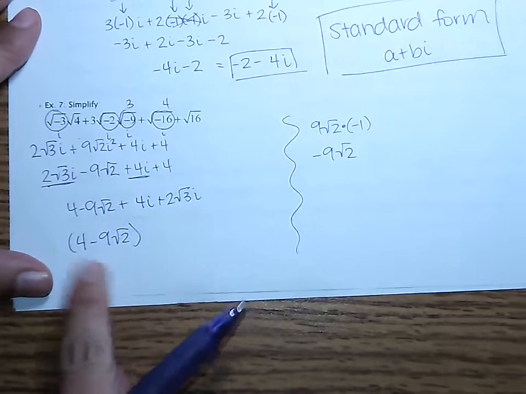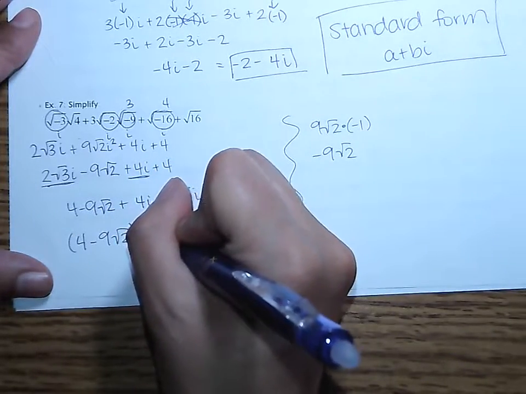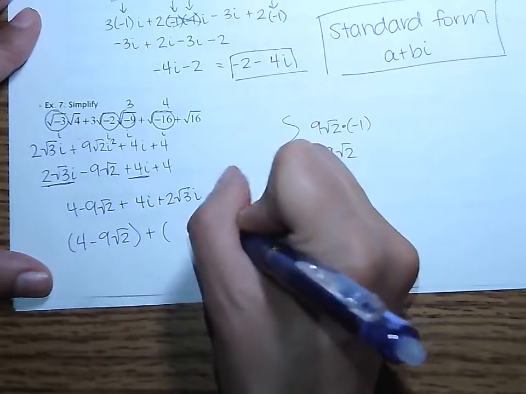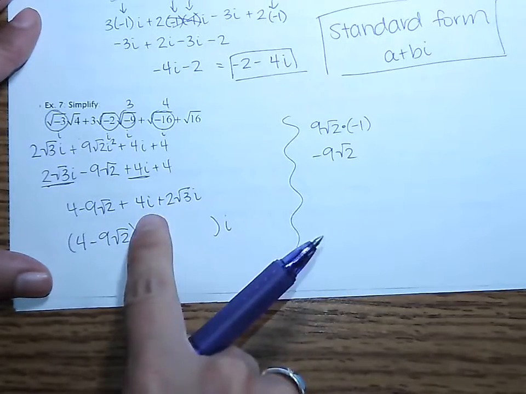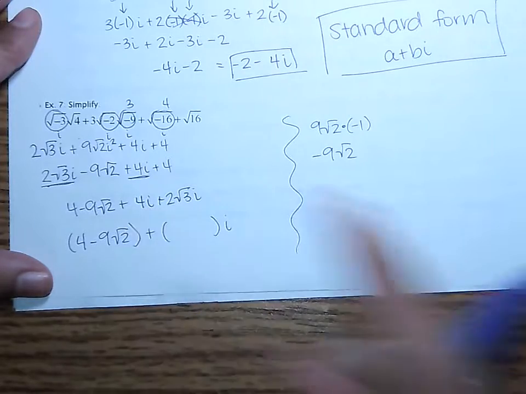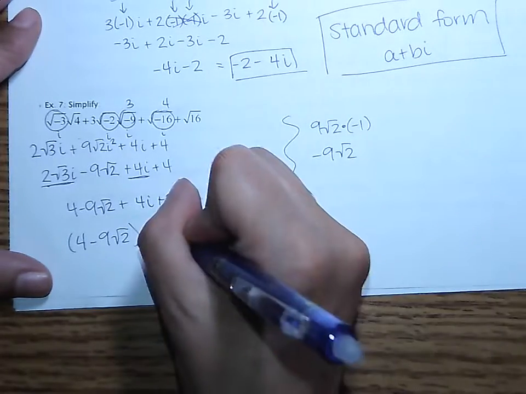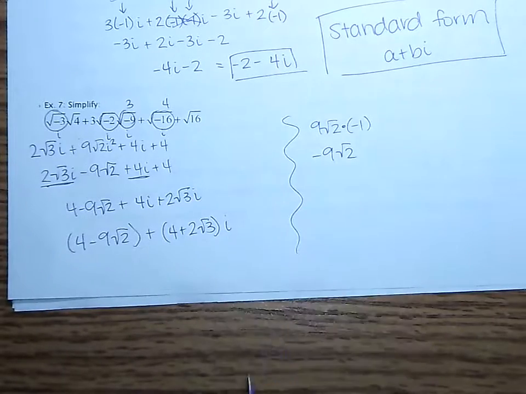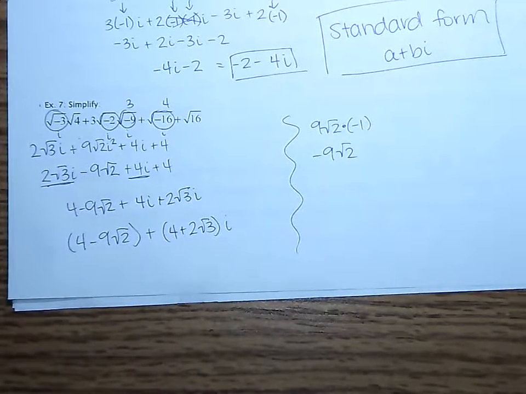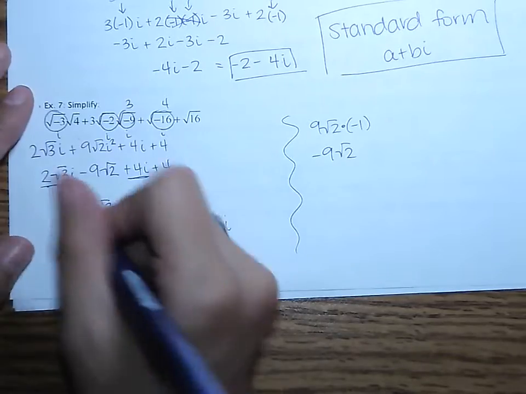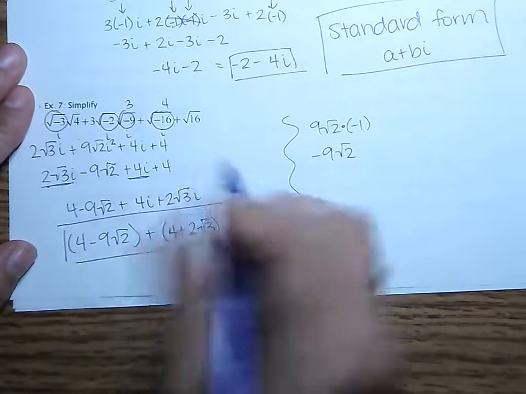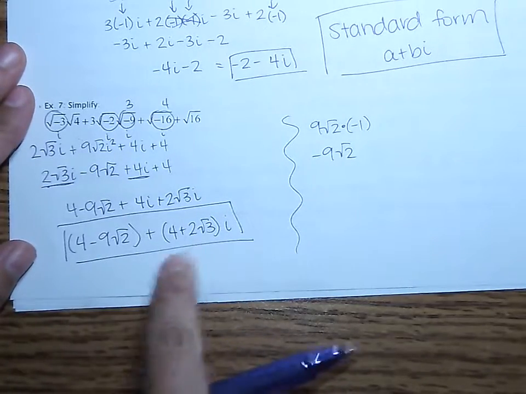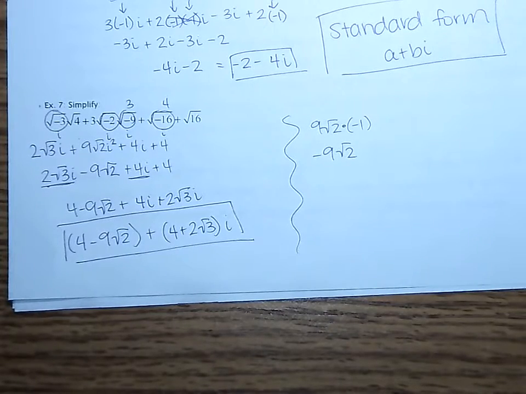So that would be our a. In this case, our b would be everything in front of our i's, so it's our coefficients. So we're basically factoring out the i. So 4 plus 2 root 3. So that's going to be our final answer. Our a is this first parentheses, and our b is the second parentheses, including the i.